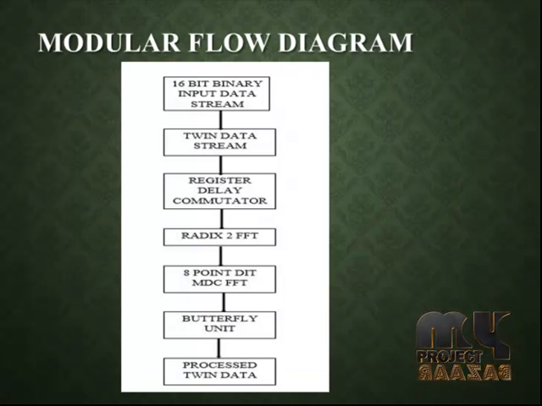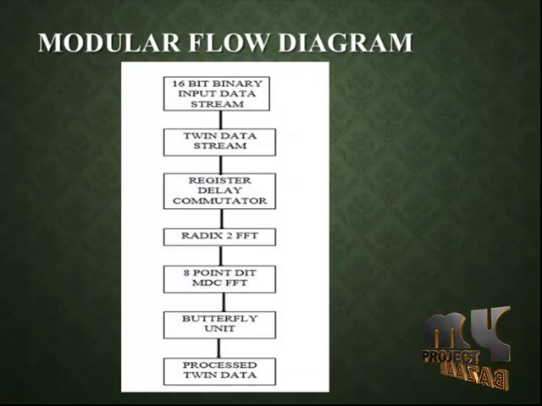The register content values are added to the register delay commutator with the N by 2 number of clock cycles. The odd samples and the even samples are added to the register delay commutator according to the number of clock cycles that is given to the input of the FFT architecture.